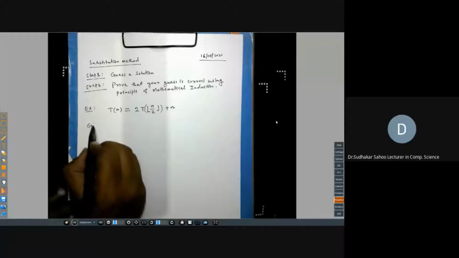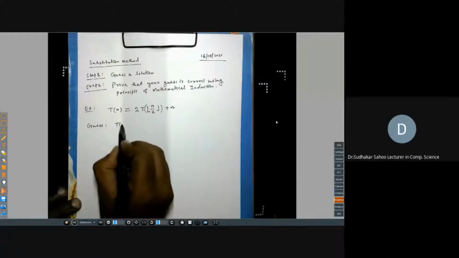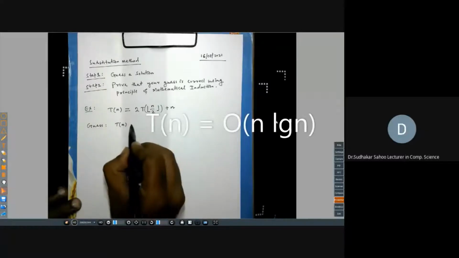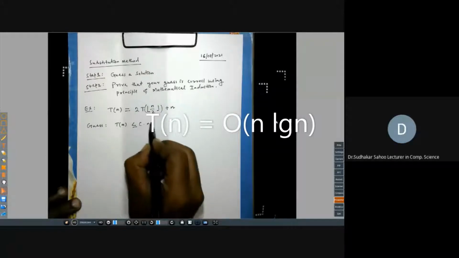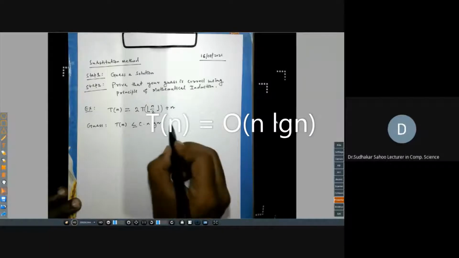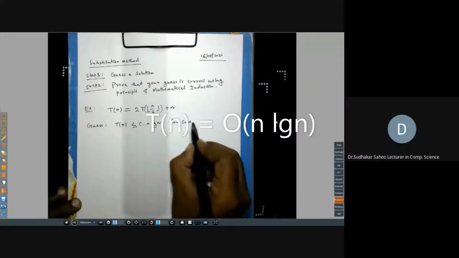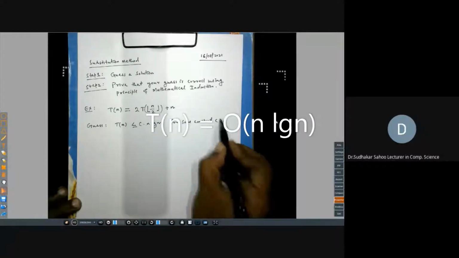So let us guess T(n) less than or equal to some constant C into n log n, for some constant C greater than 0.